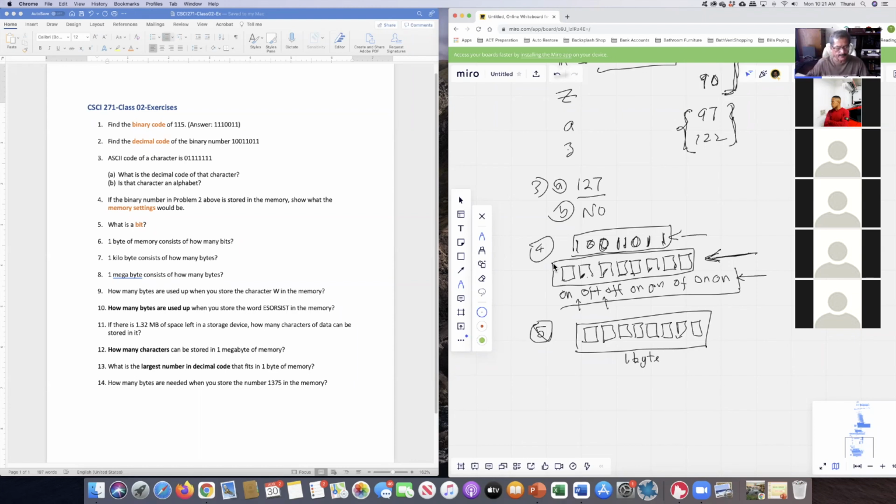Okay, so there are several things I said. 1 byte of memory consists of how many bits? 8 bits. And so when you store a character, how many characters can you store in 1 byte? 1 character, because 1 character needs all 8 bits. If the question says, what is a byte?